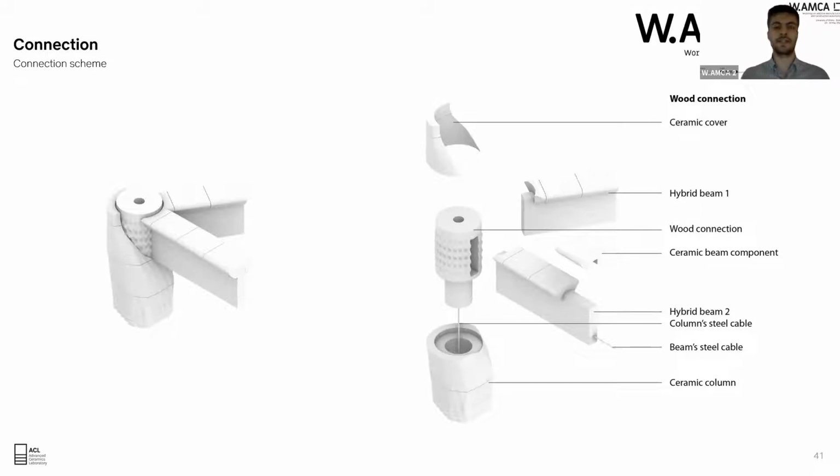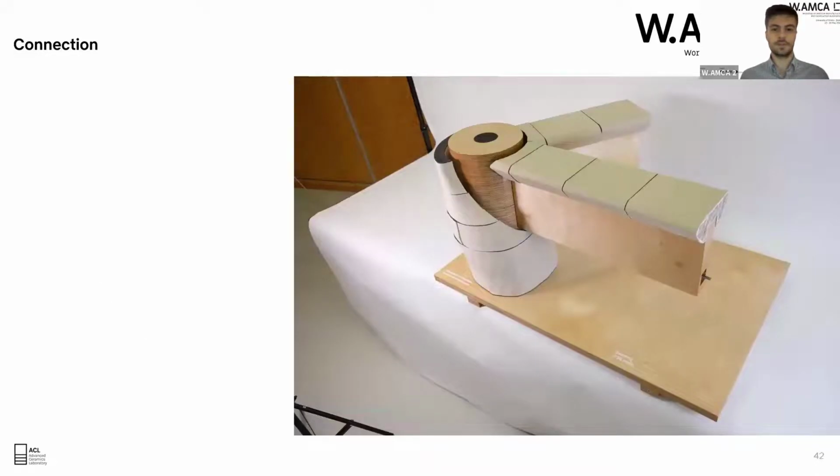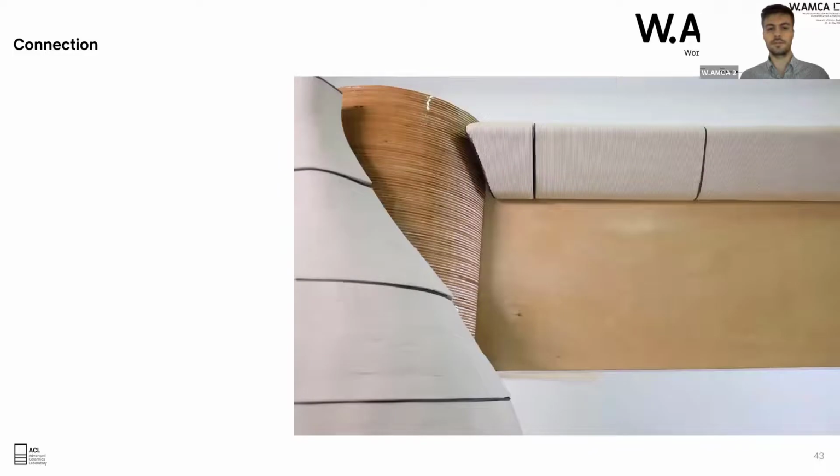Basically connecting everything. Everything is connected on that piece, and the column and the beams are tensioned with steel cables that connect to that connection node. This is the prototype. Okay, side view of it.